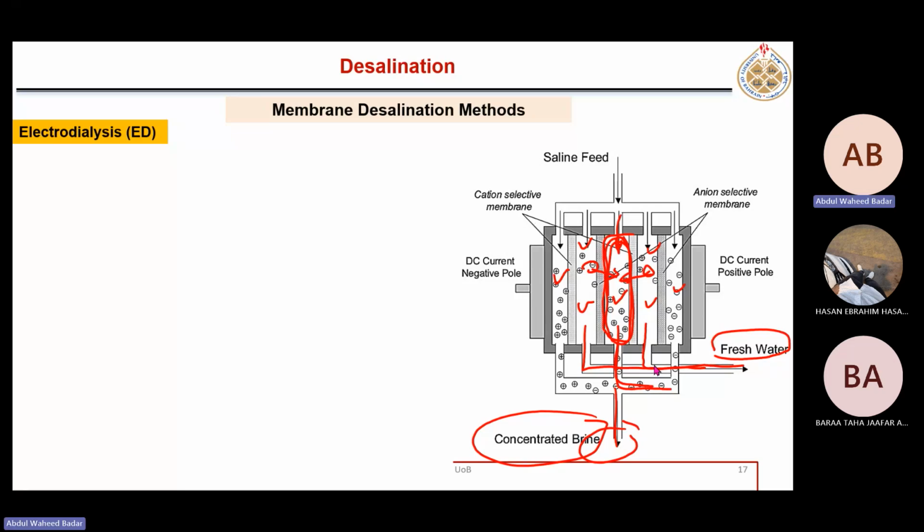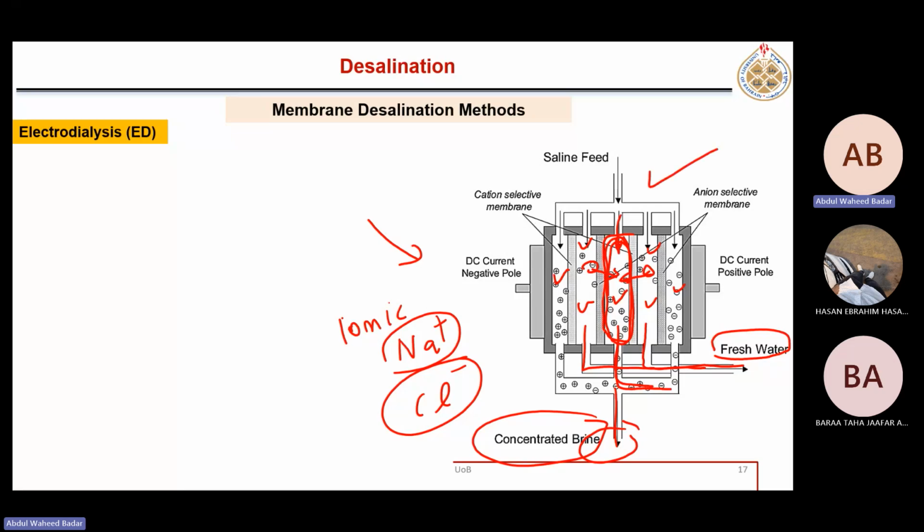So hopefully the basic working principle is clear. There is a limitation because this system can remove only ions, ionic charges, like Na+ or Cl-, such ions which are present in the water. So this type of system is best suited for brackish water with low salt, not for seawater, because it cannot remove the solid particles, neutral particles.